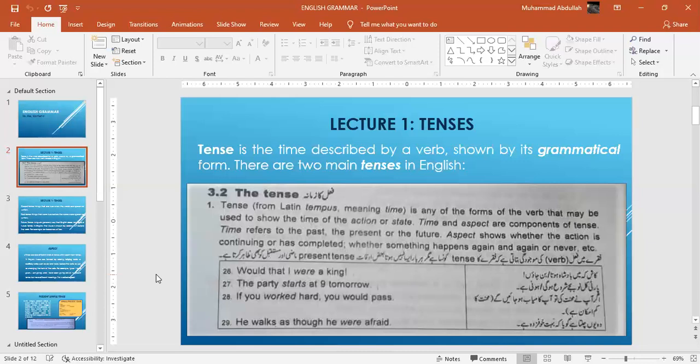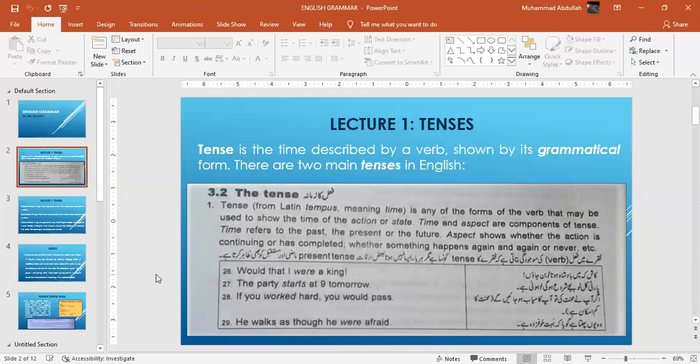Next is: if you worked hard, you would pass, right? Again, two verbs are used, worked and would, that belong to the category of past tenses, but still this sentence conveys the sense of present. So we need to clarify our concept that some sentences use the present form of verb, that is why they are included in present tenses.